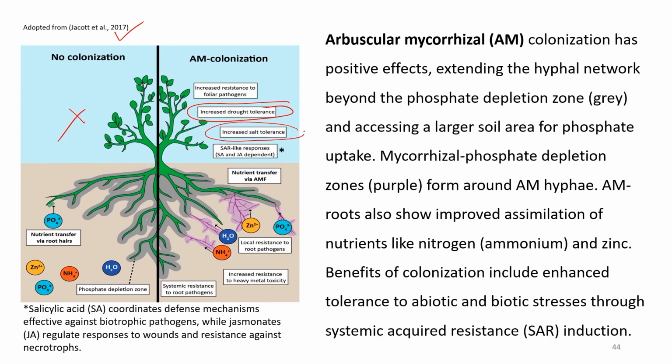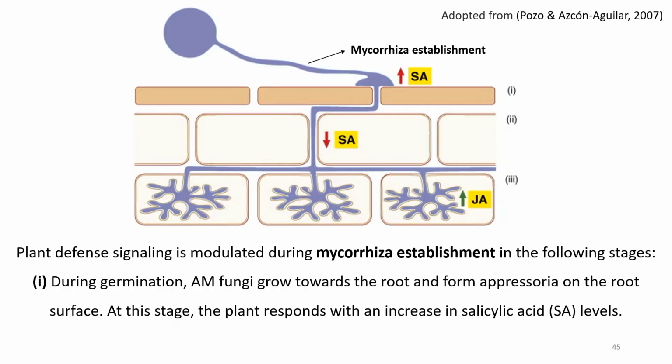Then it also has increased salt tolerance, not available in the case of no colonization, and there is the systemic acquired resistance in this particular case. So, overall, arbuscular mycorrhiza are highly beneficial to overall plant growth.